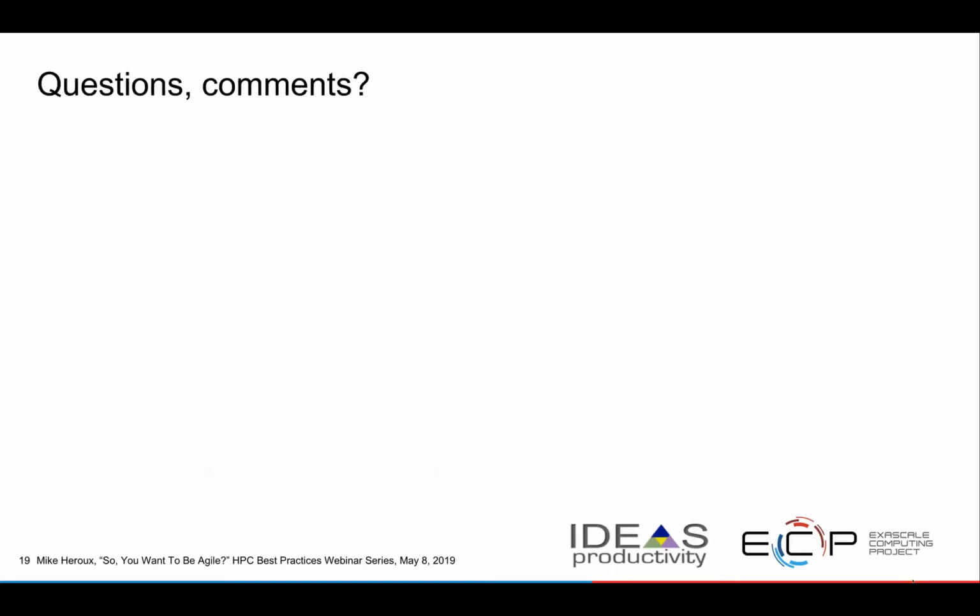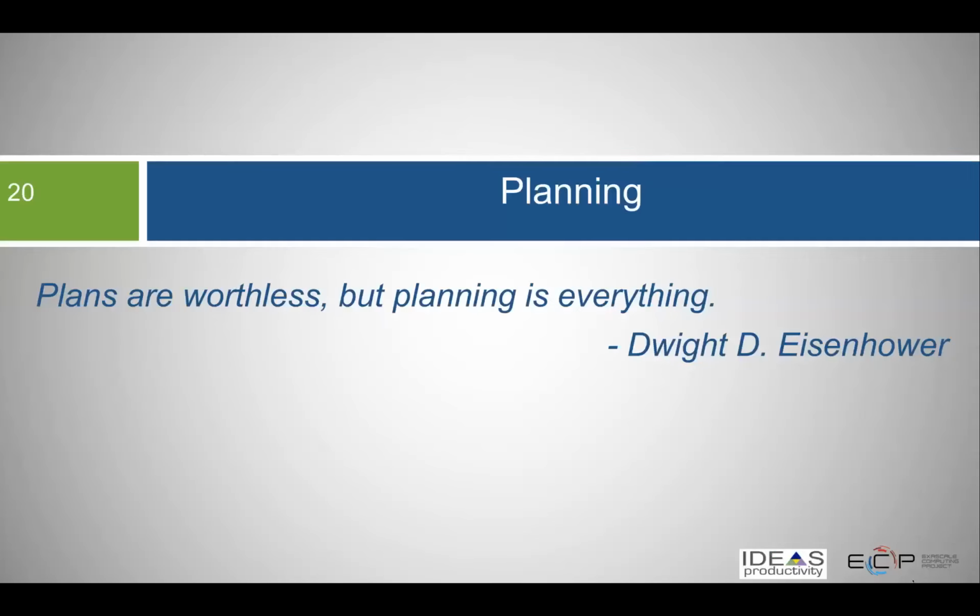Very good, excellent. All right, so I want to talk about planning because, as I mentioned, I think this is an area where, as a community, scientific software developers could do a bit more in terms of formal planning, objectively planning what we're doing. And I just bring up this quote from Dwight Eisenhower.